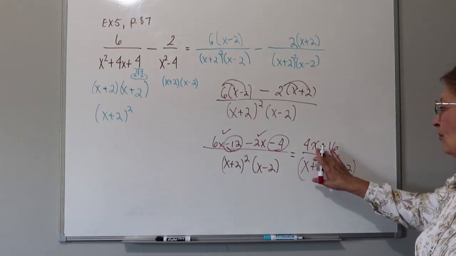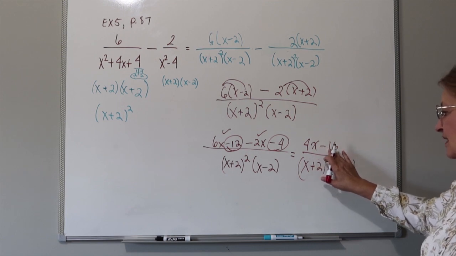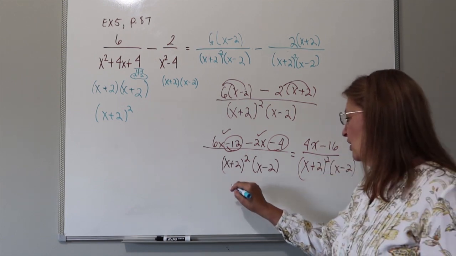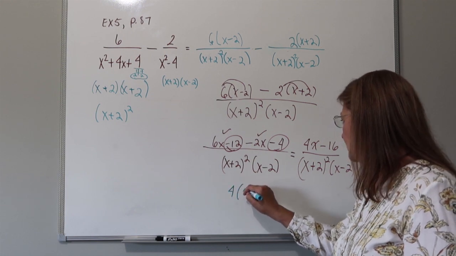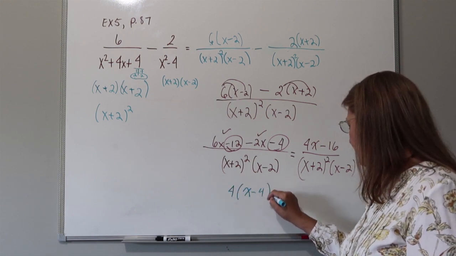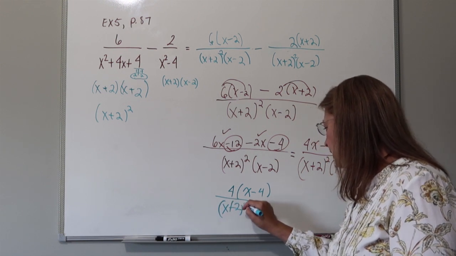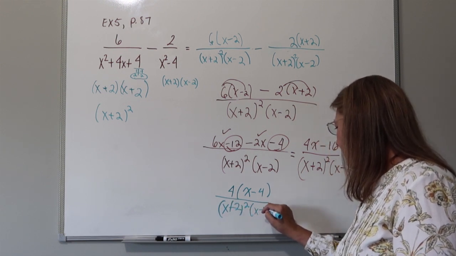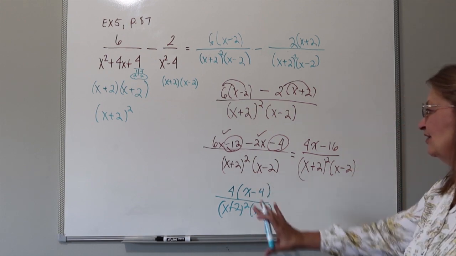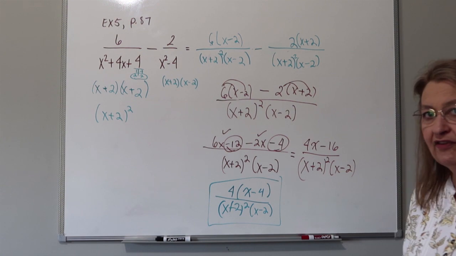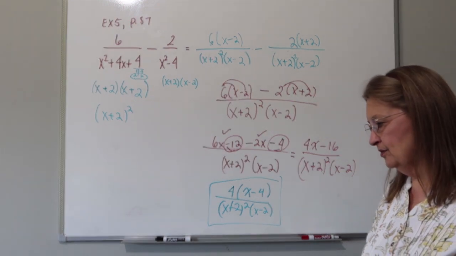So what's the greatest common factor for 4x and 16? Well, 4 will go into both of those, so I could factor that as 4 times x minus 4, over x plus 2 squared times x minus 2. And none of these things cancel, so this is going to be the simplified version of your answer.